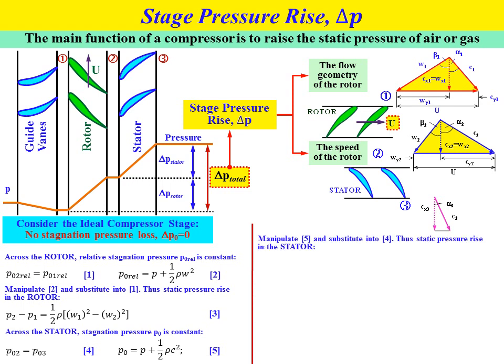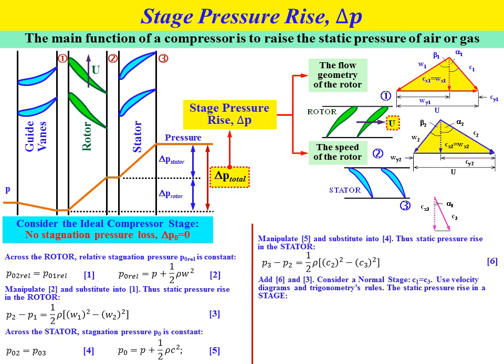Manipulate equation number 5 and substitute into equation number 4. The static pressure rise in the stator is equal to P3 minus P2 equal to half rho multiplied by bracket C2 square minus C3 square, represented by equation number 6.